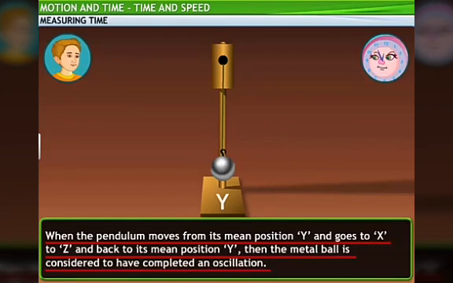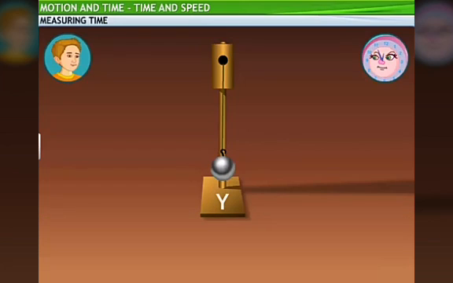Similarly, the motion of the pendulum bob, when measured starting from X till it reaches Z and then back to X, is an oscillation.